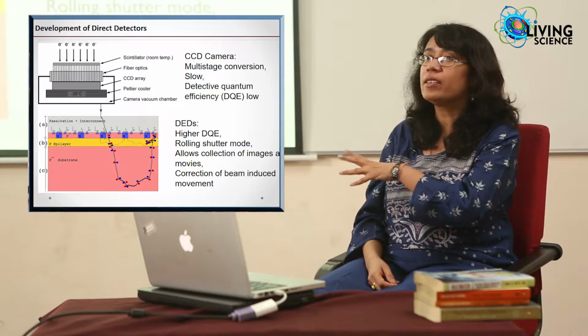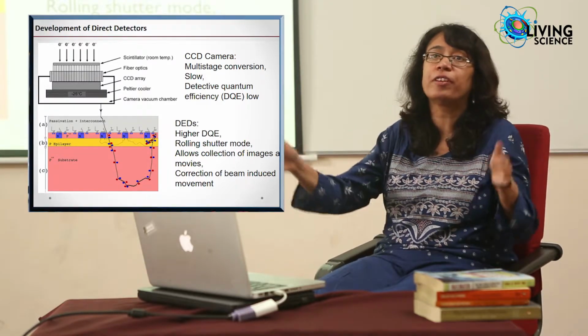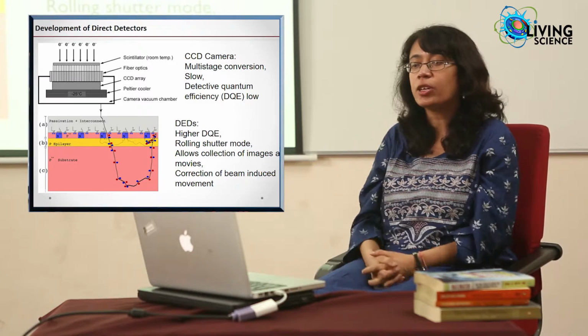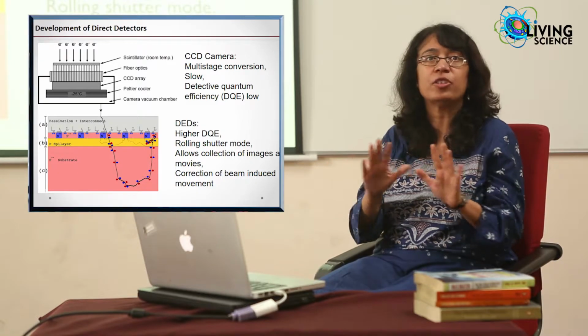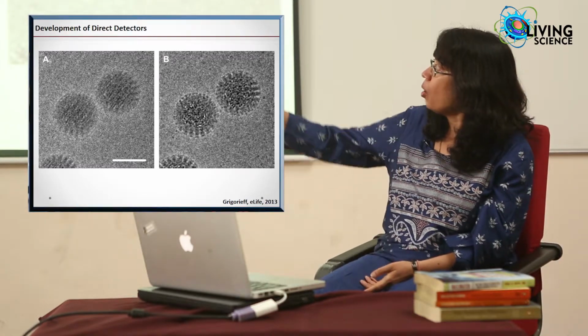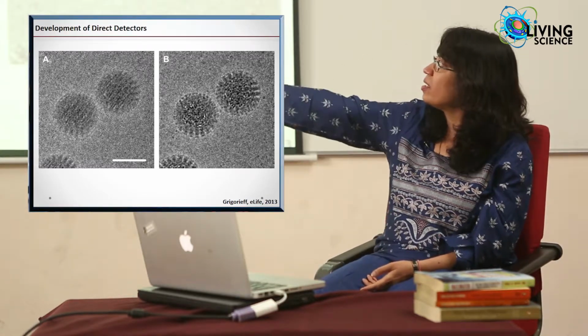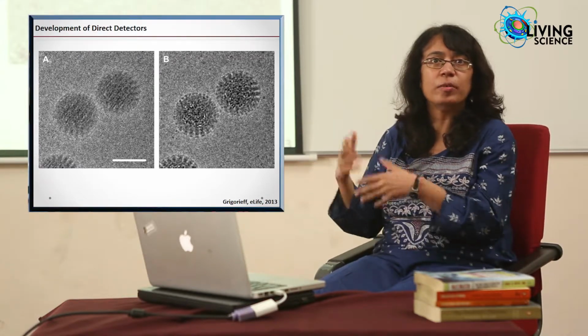Now, DEDs allow collection of images in movie mode, so you can collect several frames for one particular image, and then you can correct for this motion and you can get better images where the blurriness is reduced. So to give you an example, on this side, panel A is not corrected for motion. And here, after correction, you can see that the features are much better visible.